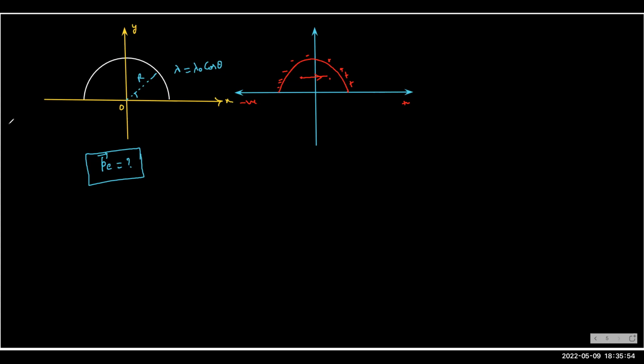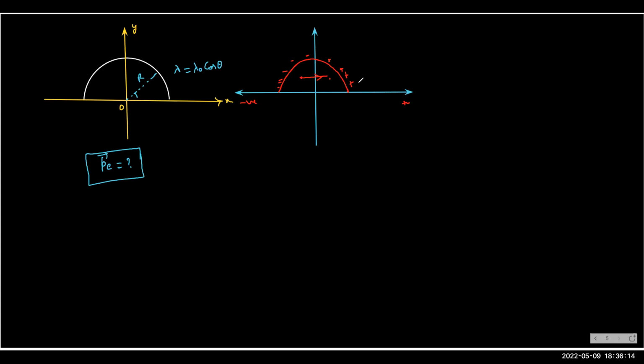Inside the integration, I'm getting sin 2 theta as the integrand. So sin 2 theta integrates to minus cos 2 theta by 2.